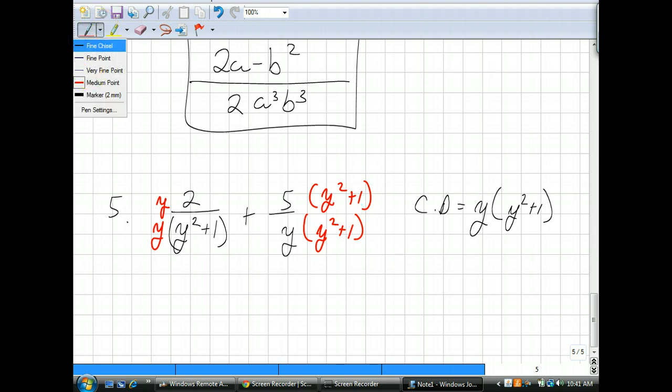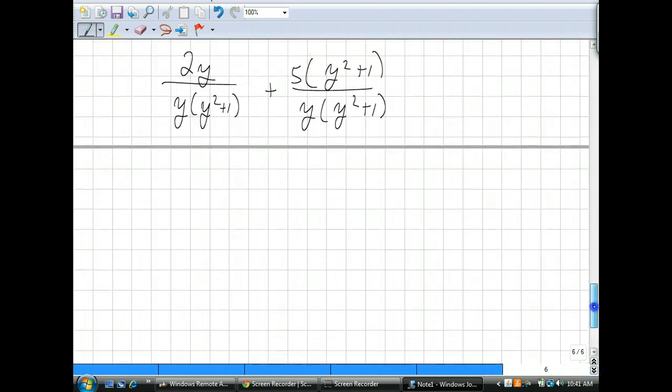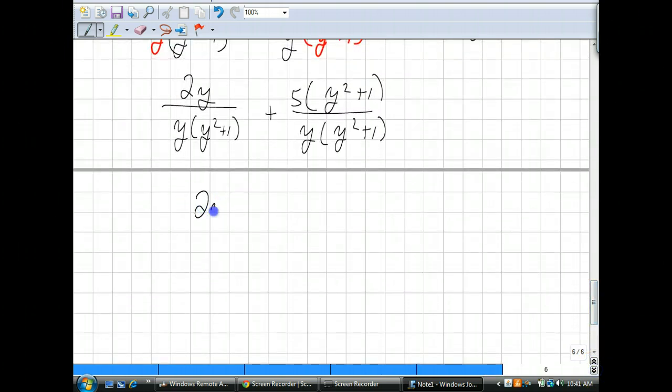So now I do the multiplication. So I get 2y over y times y squared plus 1 plus 5 times y squared plus 1 all over y times y squared plus 1. Now I need to simplify the numerator. So that's 2y plus 5 times y squared plus 1 over y times y squared plus 1.